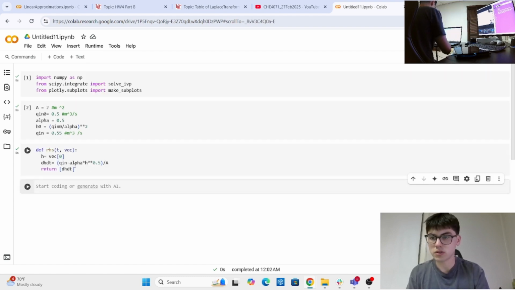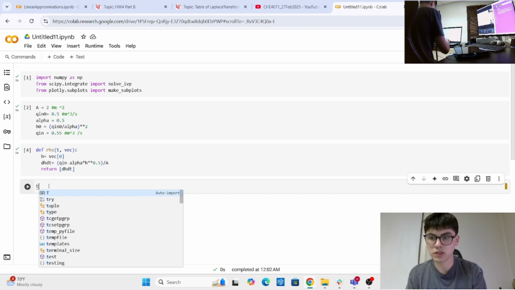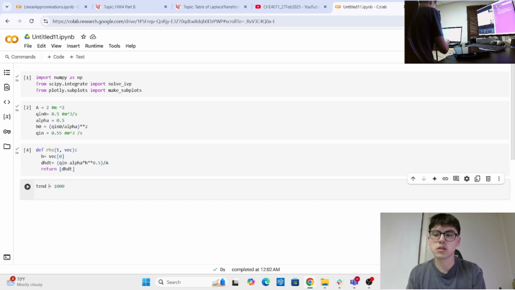Now let's see if it worked. Using solve IVP, say Tn will be equal to 1,000 seconds.